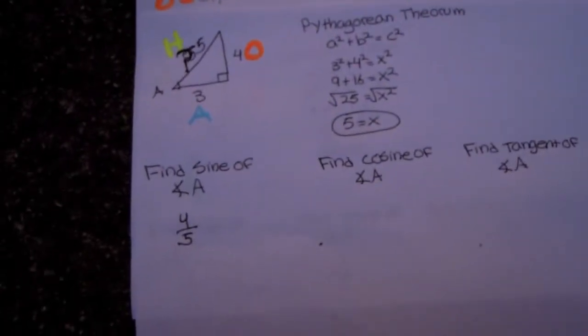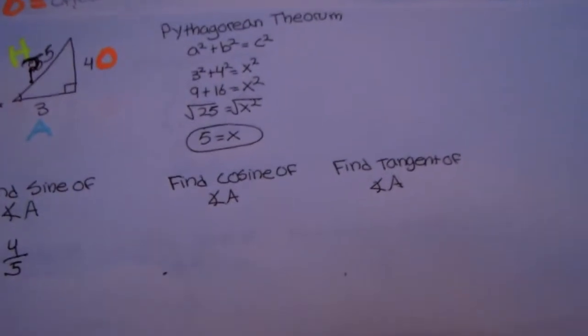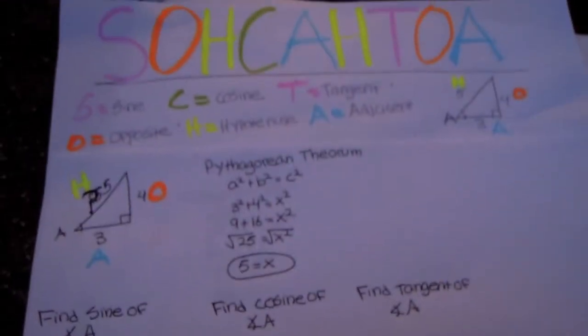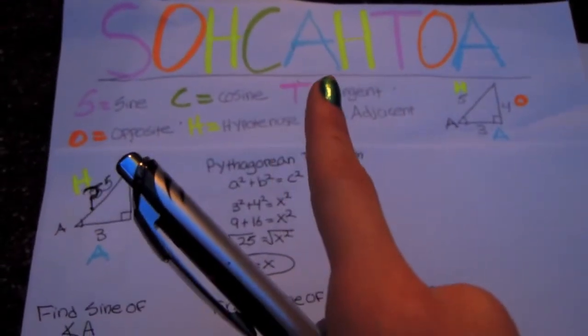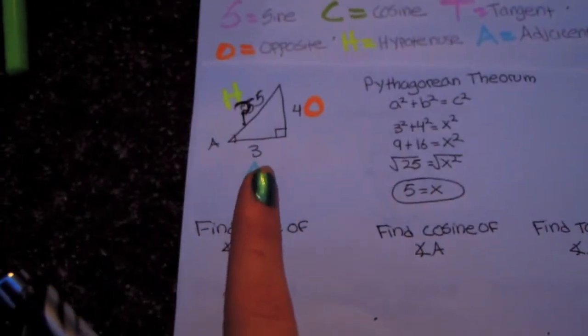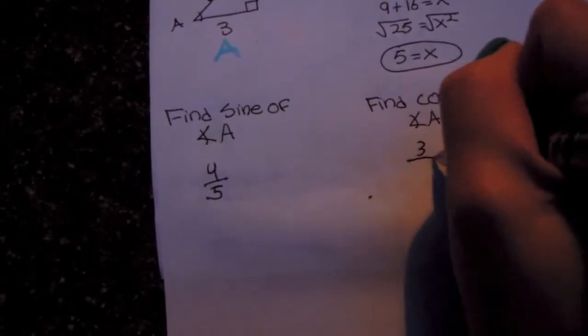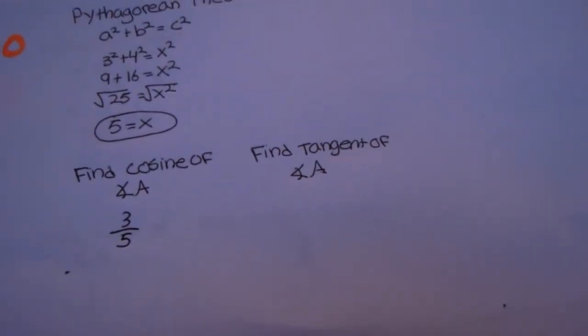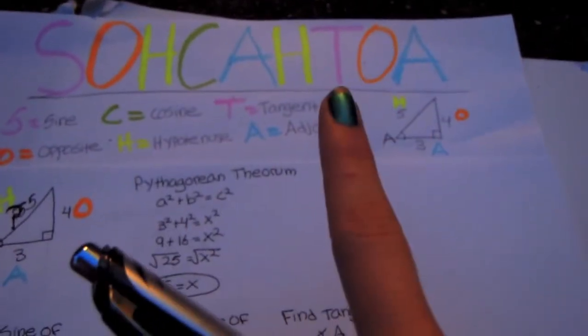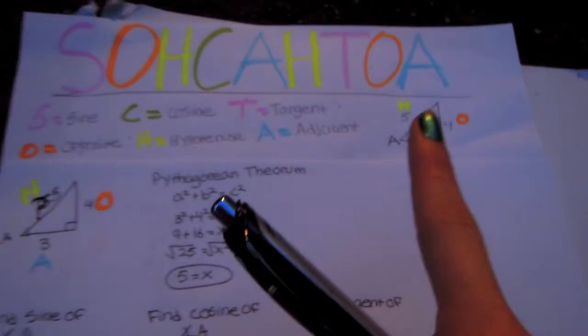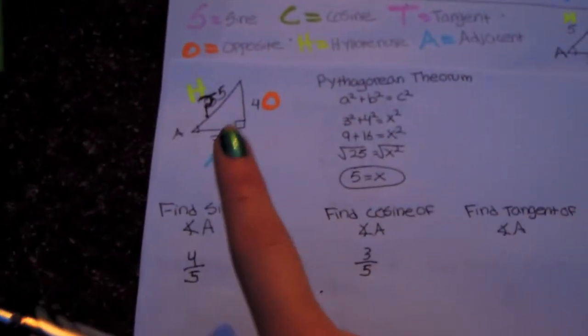That's the sine of angle A. Next, let's find the cosine of angle A. Cosine is adjacent over hypotenuse. Here's the adjacent side, so it would be 3 over 5. Next, let's find the tangent of angle A. Tangent is opposite over adjacent. So 4 over 3.